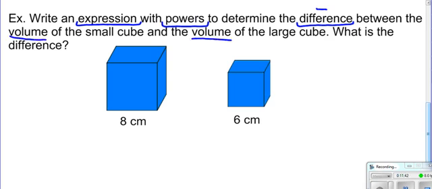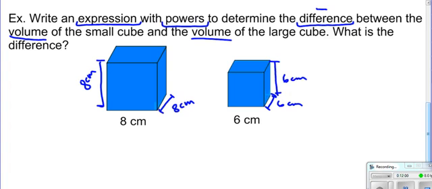Okay, so hopefully we notice that they are cubes, which means they have equal base, length, and height. I know this diagram doesn't show that very well, but they've told us that it's cubed, so we're going to ignore the poor drawings and understand that cubes have equal side lengths.